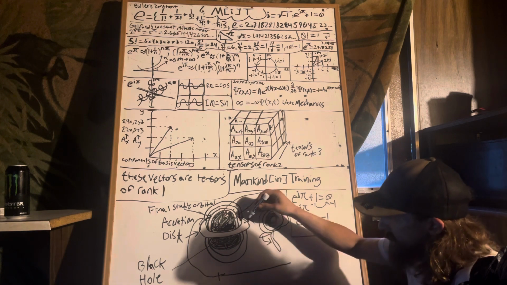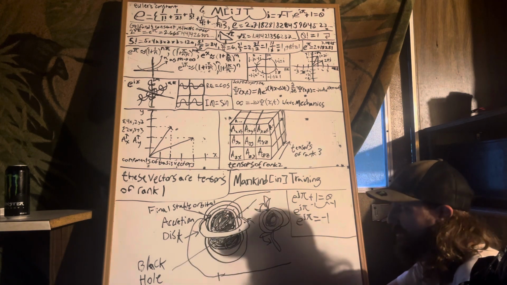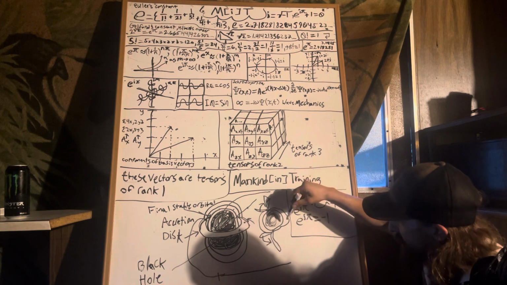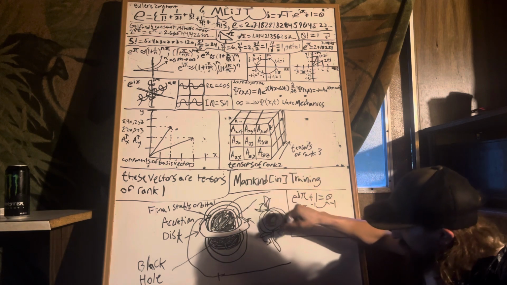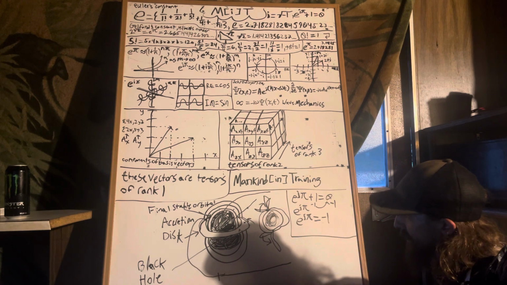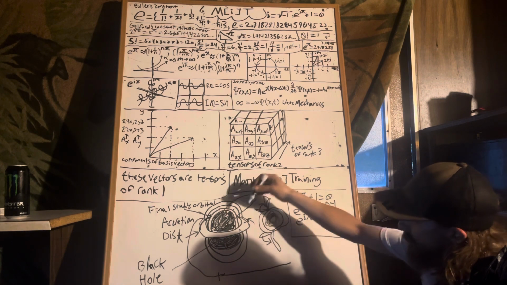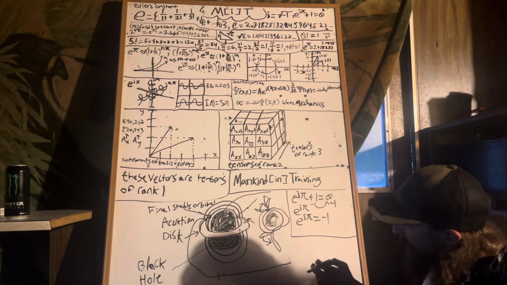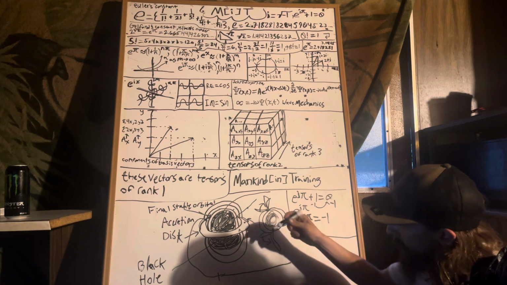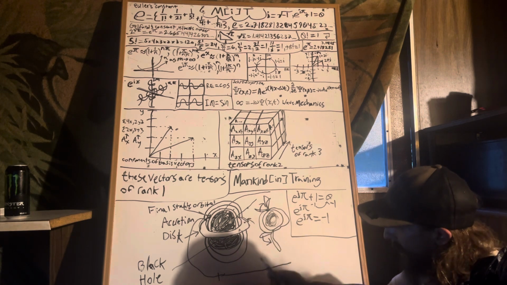What you're actually seeing is the backside of this accretion disk, and it's being folded up and folded down by the immense gravitational pull. So it's distorting space-time in such a way where you're seeing the front and the back of the black hole at the same time.